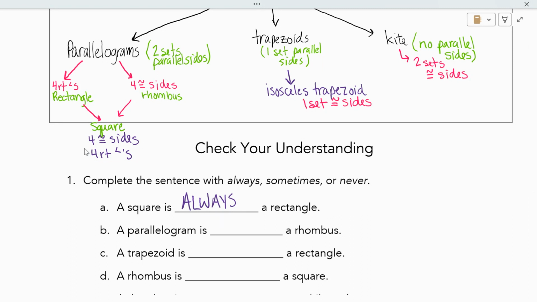Good job. Algunas veces. A trapezoid is a rectangle. Never. Nunca. Never.